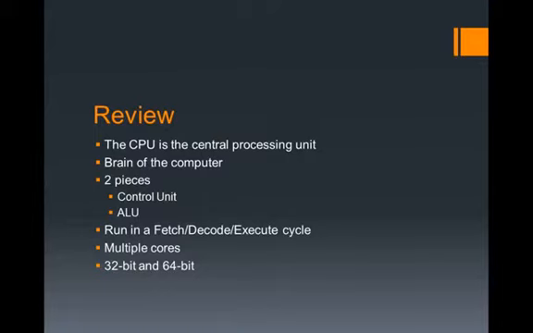Multi-core CPUs can be in more than one of those steps at any point in time. And 32-bit and 64-bit CPUs are different types of architectures or parts of the architecture. There's a lot more to architecture that will be covered in a more advanced tutorial or lesson. But 32-bit and 64-bit hold different amounts of data.